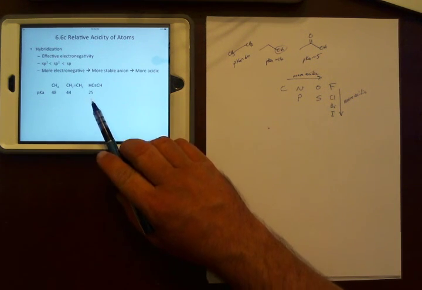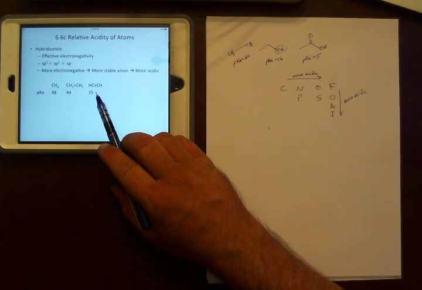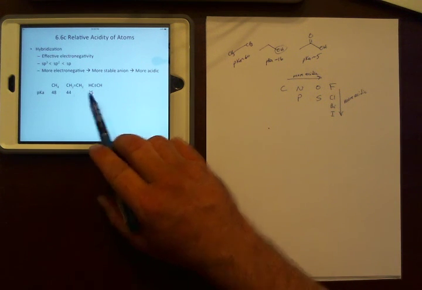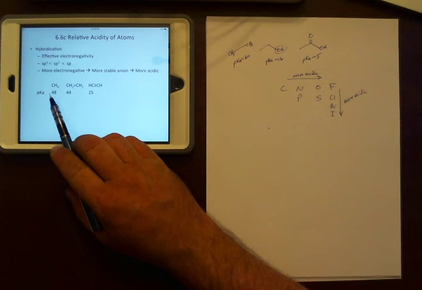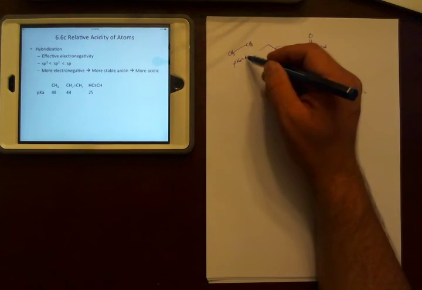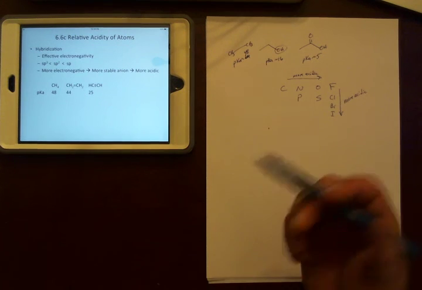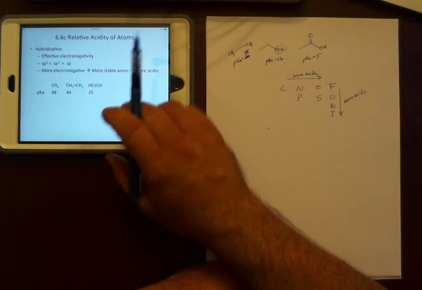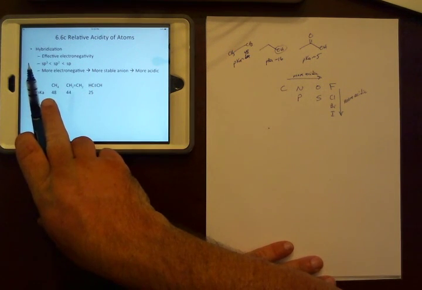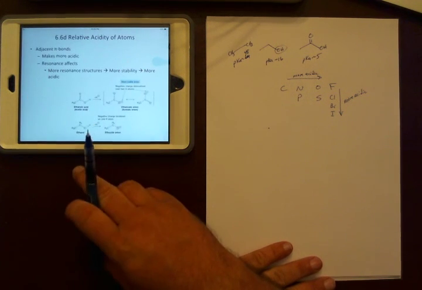Acetylene, with the carbons at sp hybridization, has a pKa of only 25, as opposed to methane or heptane, which are sp3 and have a pKa more like 48. Sorry, it's almost no acidity at all. That's as far as carbon groups go.